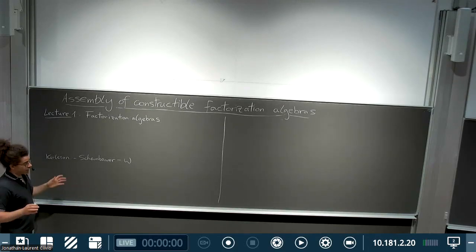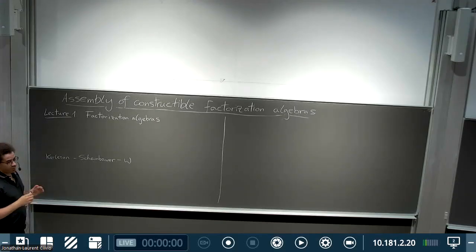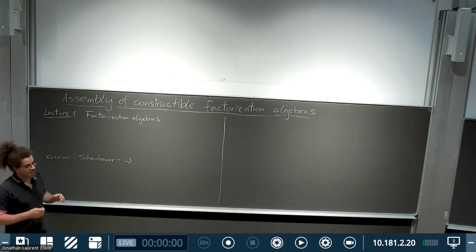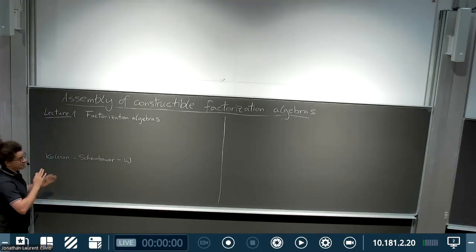Throughout this course I will just mention a few names now in the beginning, and I will not always be super careful about where everything comes from. We have precise references in our papers for this, but since it's often a little bit complicated to trace the exact origins, I will just be very vague about this.